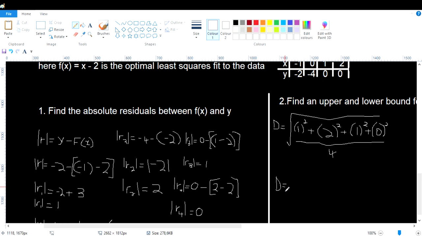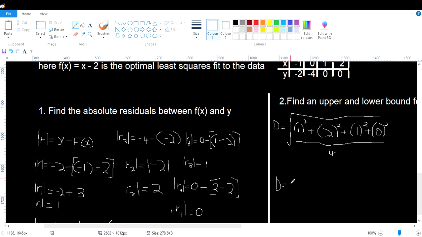Now here's my calculator. 1 squared plus 2 squared plus 1 squared plus 0 squared, all divided by 4.